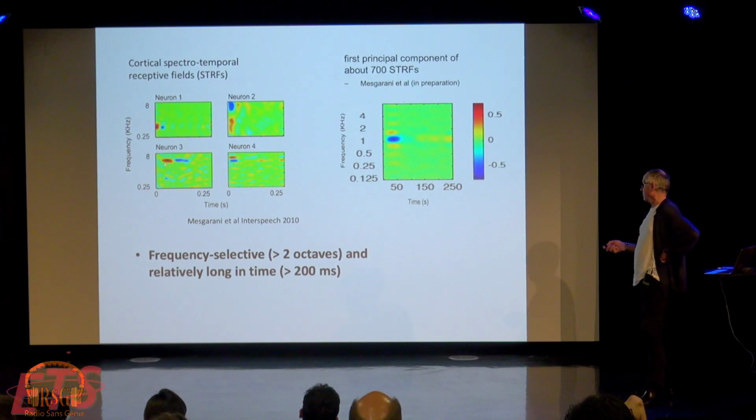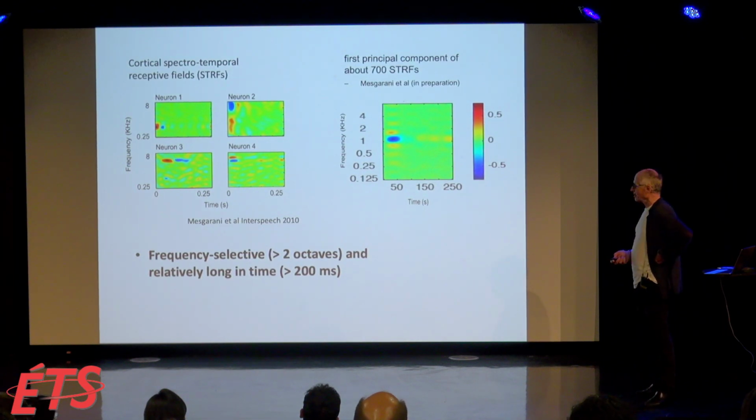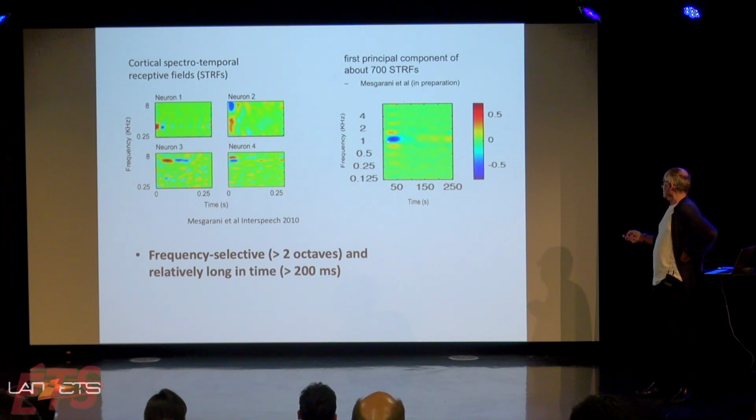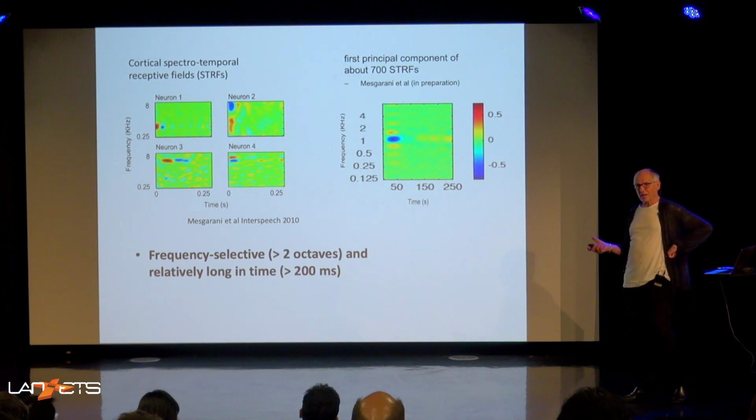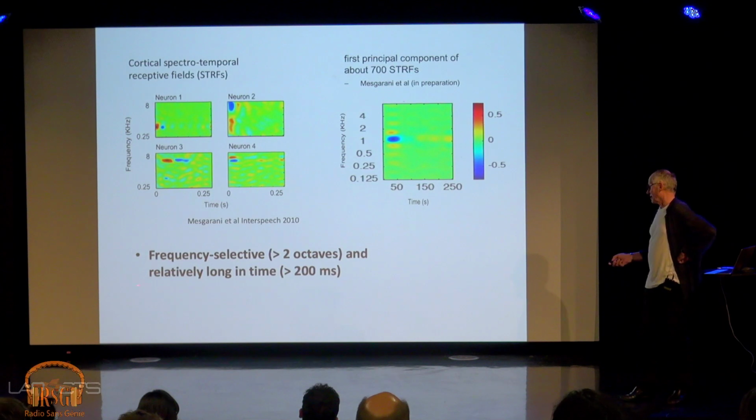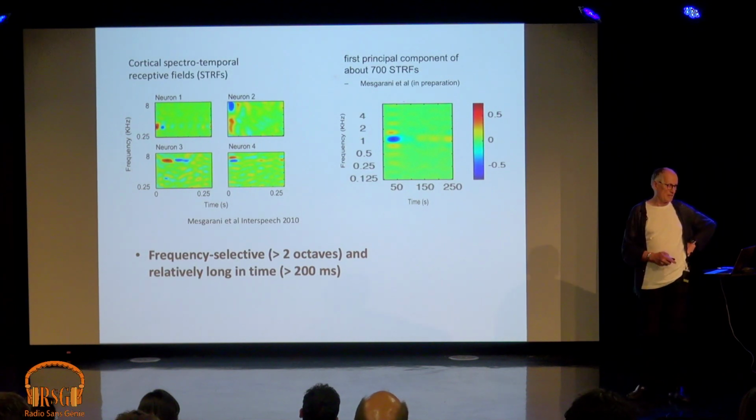This one is for high frequencies, this one is for low frequencies, and this one pretty much does the differentiation of the whole spectrum. A typical receptive field looks like this. It's relatively long and relatively narrow. So maybe frequency selective up to about 2 octaves and a long time, about 200 milliseconds.